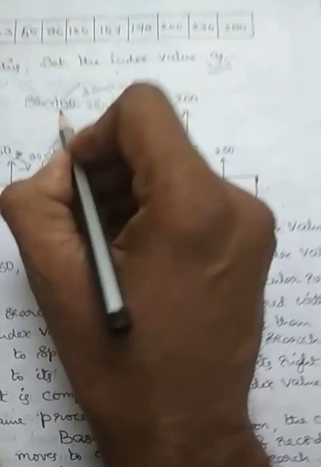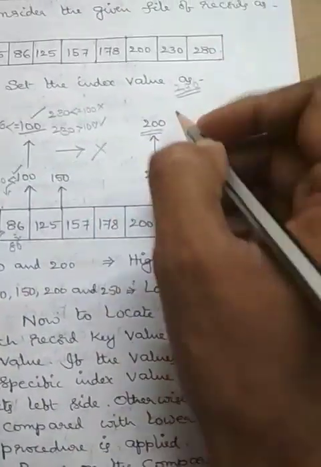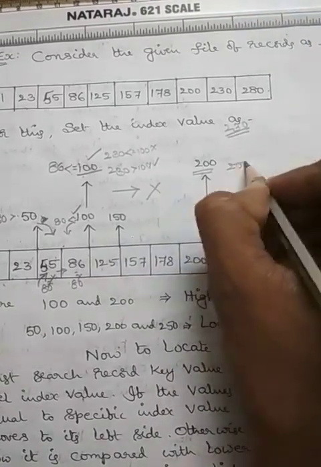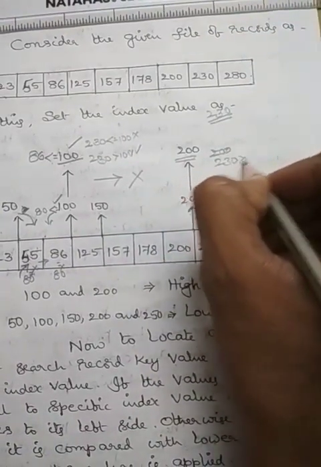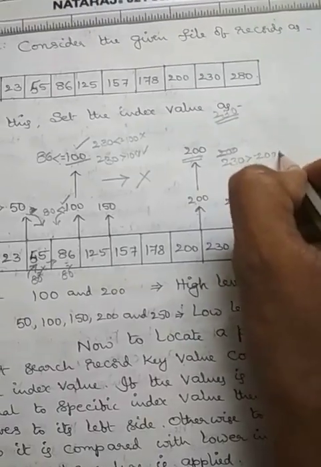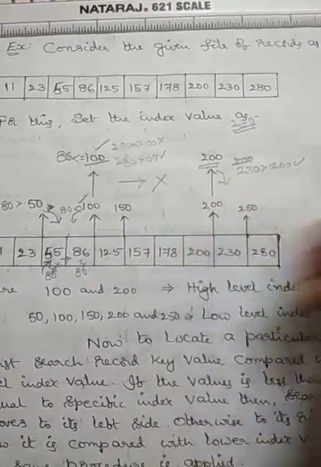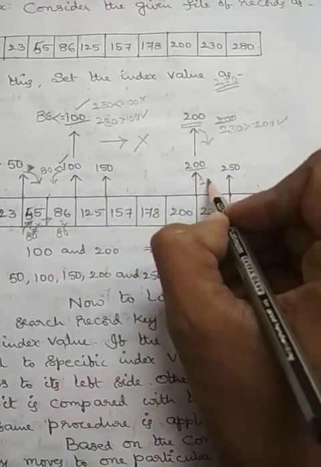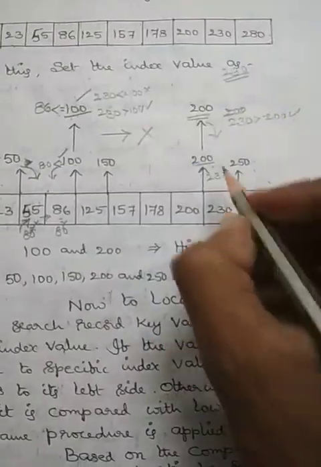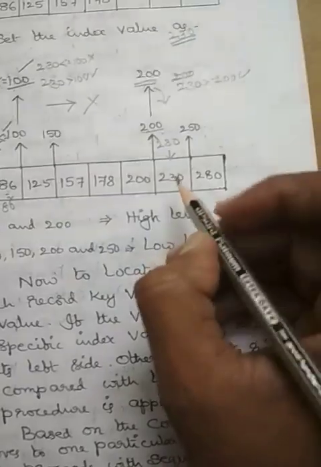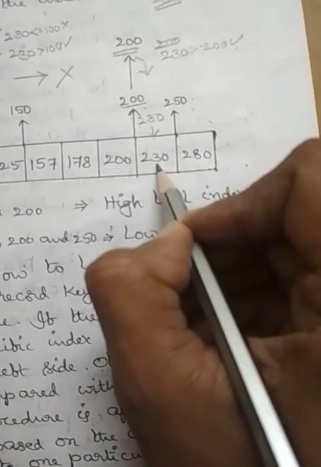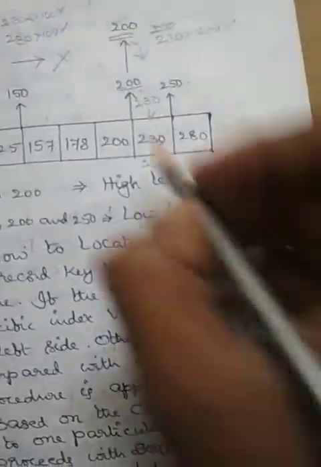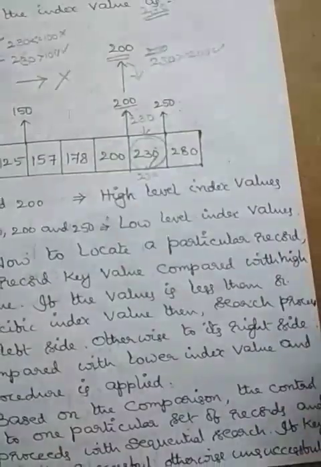So the condition checking moves to the higher level again. 230 greater than 200 is true, so we move to the right side. In the lower level, we again verify that 230 lies between 200 and 250. So we apply the sequential search with the respective data items present in this group. 230 equal to 230, the condition is true. So we find the location where 230 is present.